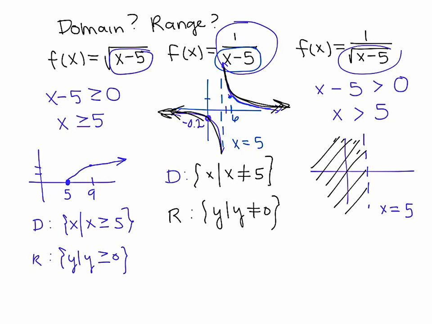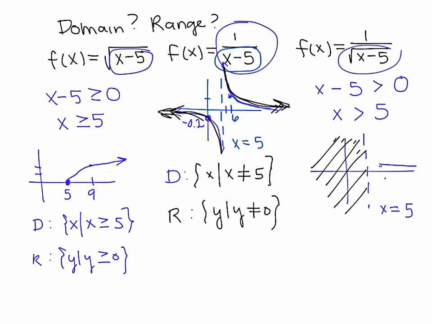But how about when x is 6? When x is equal to 6, we know the value of y is 1. So similarly, as x is increasing, you're dividing by a bigger and bigger number, so it's going to get closer to 0, and it's not going to cross the x-axis.